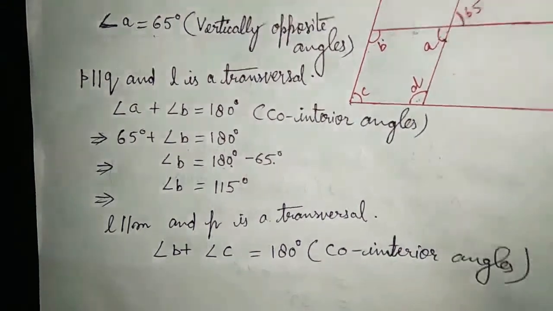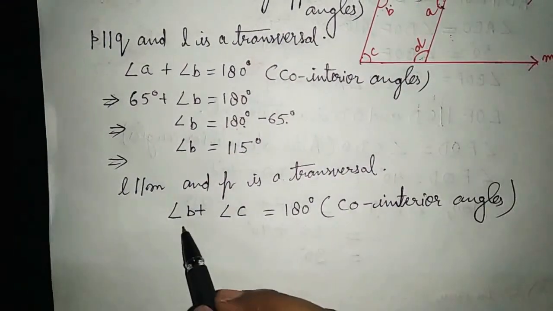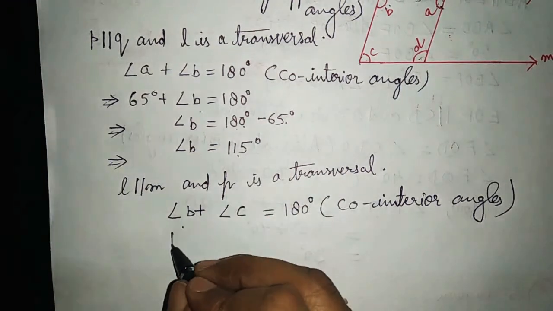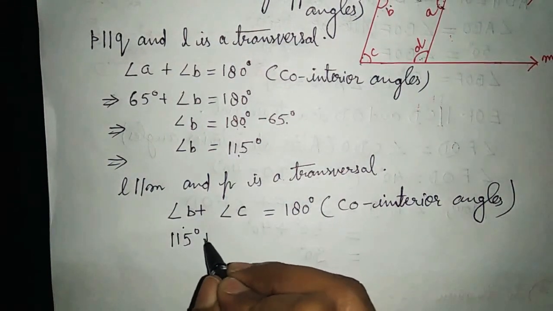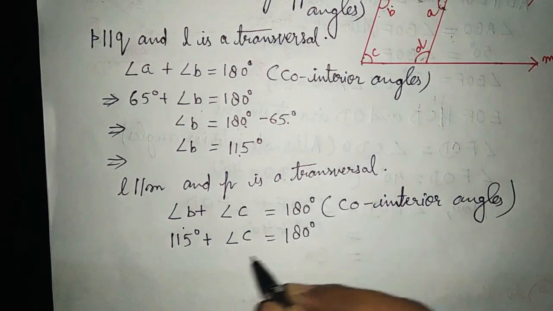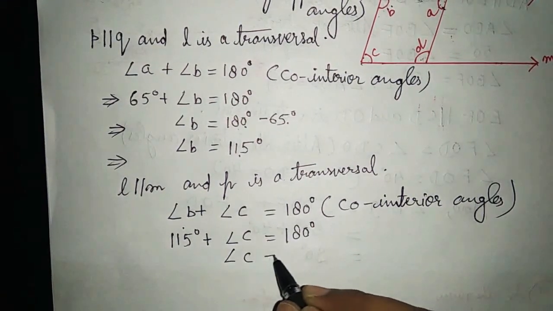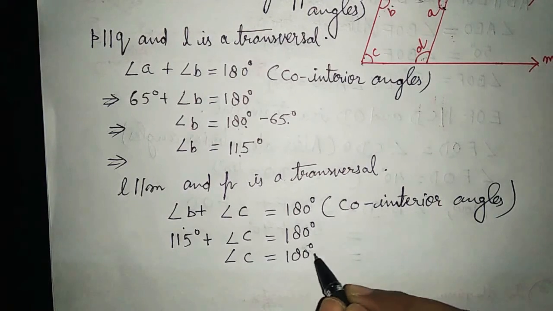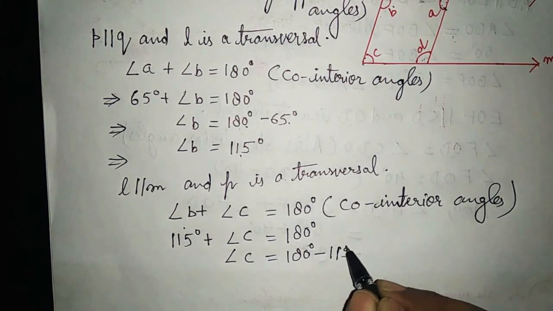angles. Now angle B, here we have calculated 115 degrees, plus angle C is 180 degrees. Angle C is equal to 180 degrees minus 115 degrees.